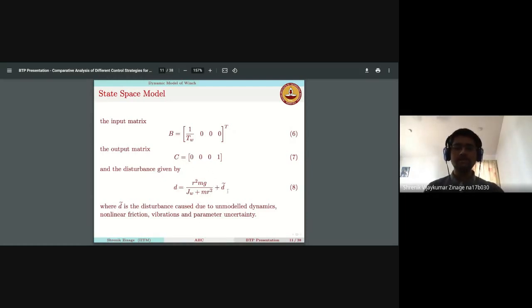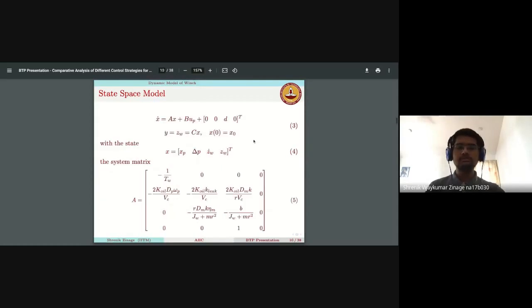So that plus some delta D is the total disturbance that I would be considering, where D tilde is the disturbance that might be caused due to, say, unmodeled dynamics or the nonlinear friction, vibrations, or parametric uncertainty. And this disturbance, I've assumed it to enter the system through the third state, which is through ZW dot.